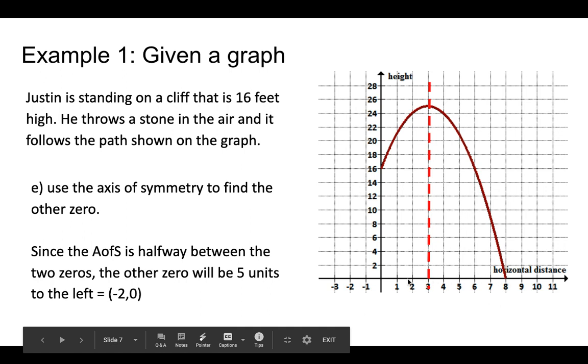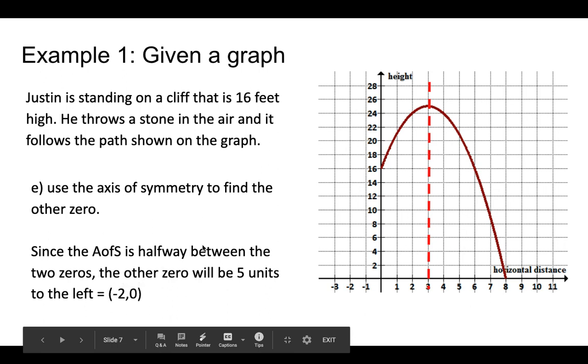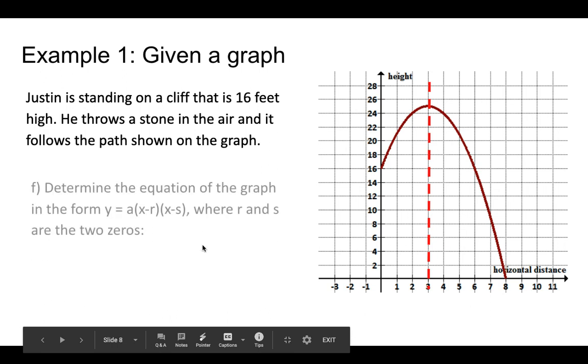So now we're going to go 5 in the other direction to find where the other zero would be: 1, 2, 3, 4, 5, which is at -2. You can imagine if you continued this parabola down, it would cross the x-axis at -2. So that's where the other zero will be, at (-2, 0).